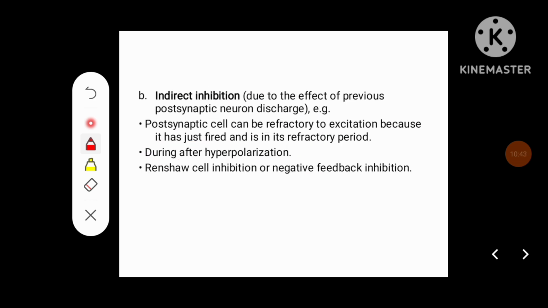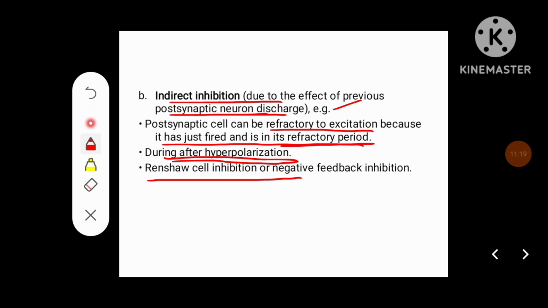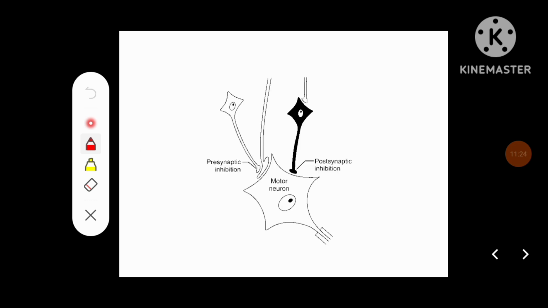There can also be indirect inhibition of the postsynaptic membrane. This can occur because of the effect of previous postsynaptic neuron discharges. For example, the postsynaptic membrane can be in a refractory phase and be refractory to excitation because it has just fired. It can also occur due to after-hyperpolarization, where the membrane potential becomes more negative, and it is also seen in Renshaw cell inhibition, which is a negative feedback mechanism.